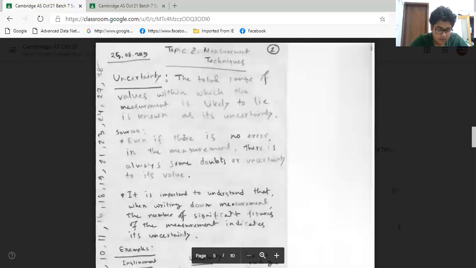Now uncertainty. Just now we did one scale diagram drawing, right? And you got your answer 225. When you are drawing it, you are drawing as correctly as possible.